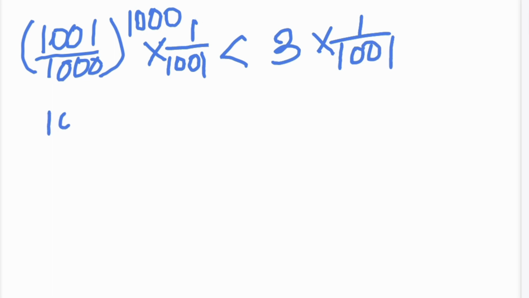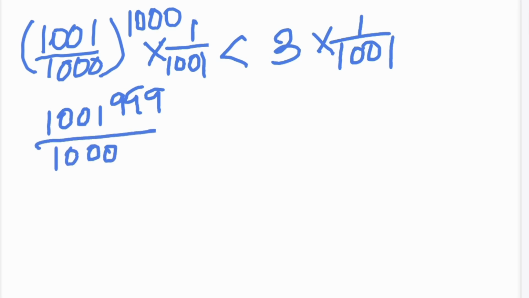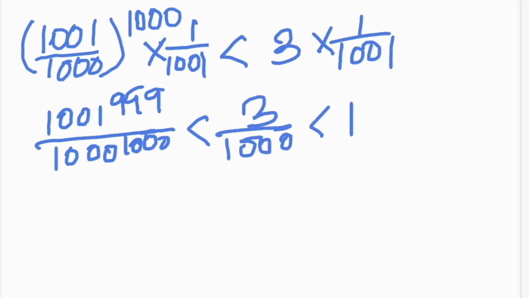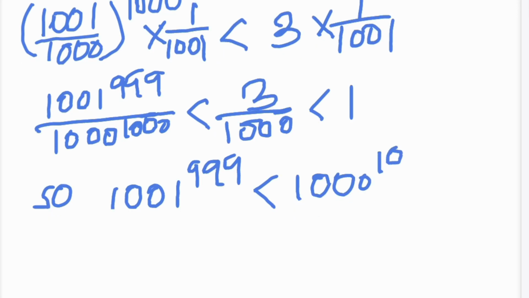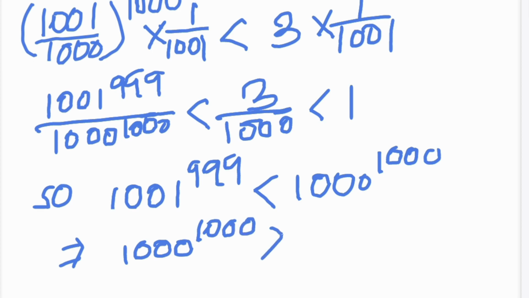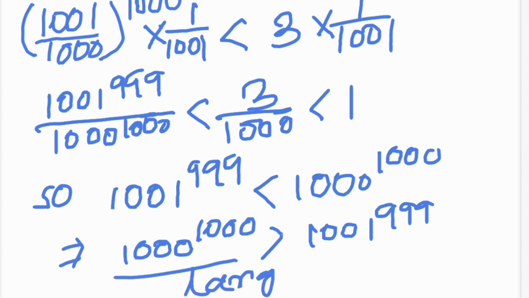So next line is 1001 raised to the power 999 over 1000 raised to the power 1000 less than 3 into 1 over 1001, and it is simply less than 1, right? So we can write 1001 raised to the power 999 less than 1000 raised to the power 1000. So 1000 raised to the power 1000 is greater than 1001 raised to the power 999. So the second number, that is 1000 raised to the power 1000, is larger here.